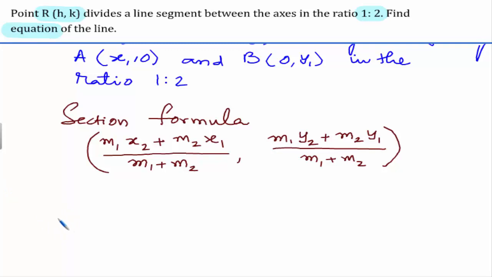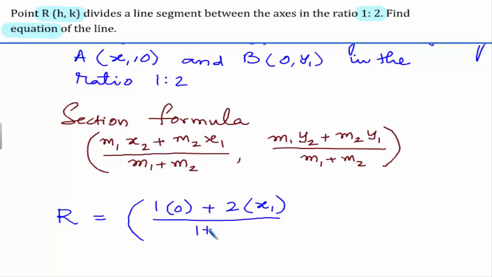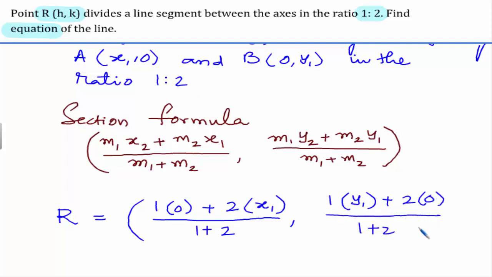Now using this, let us find out the point R, that is 1 into, m1 is 1 here, x2 is 0 plus 2 into x1 by 1 plus 2, and similarly 1 into y2, that is y1, plus 2 into 0 by 1 plus 2.